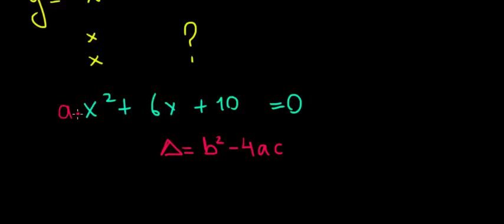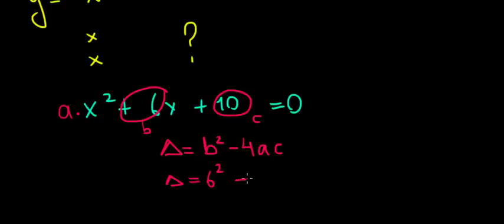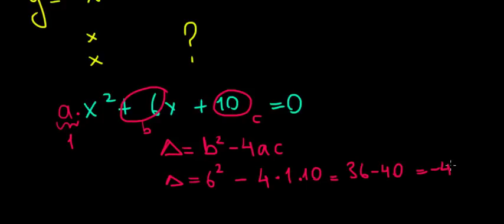This is a, this is our b, the coefficient next to x, and this is our c. So let's substitute. b squared is just 6 to the power of 2, minus 4 times a, which is 1, because x squared has a coefficient of 1. 4 times 1, and c is 10. So the result is 36 minus 40, and that's equal to minus 4.